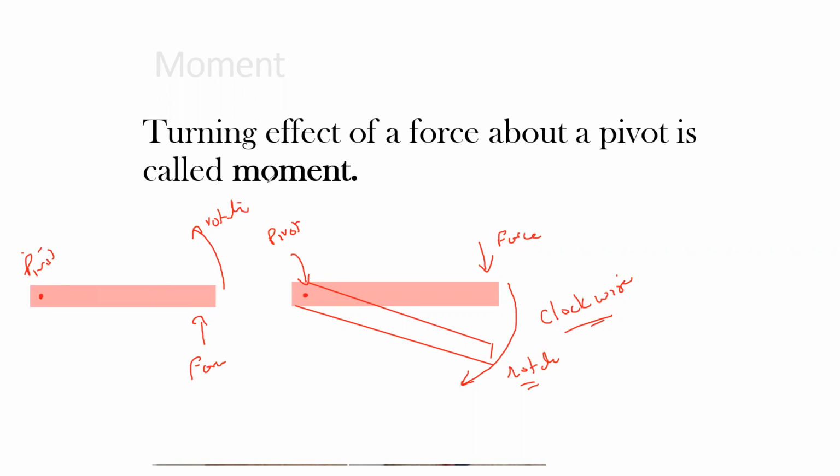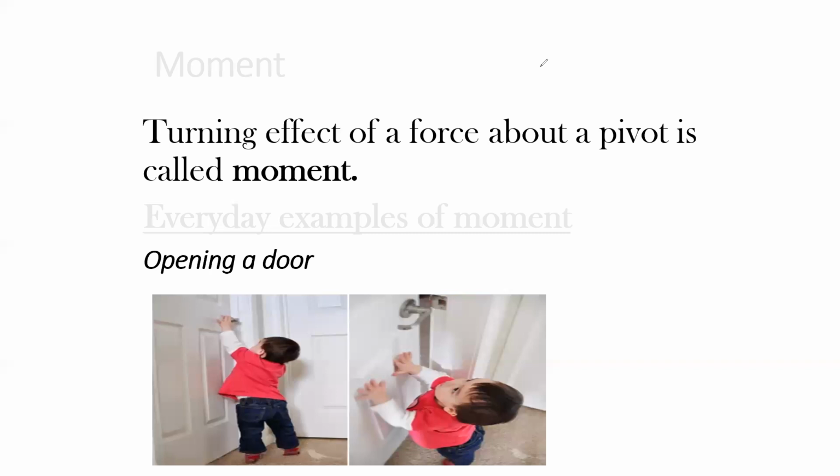Because it is opposite to the direction in which the hands of a clock rotate, we call that anti-clockwise, or you can say counterclockwise. So a moment can be clockwise or anti-clockwise. You have a moment in both ways.